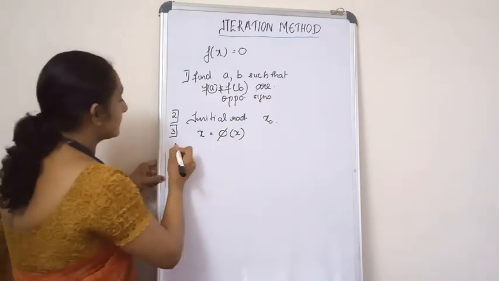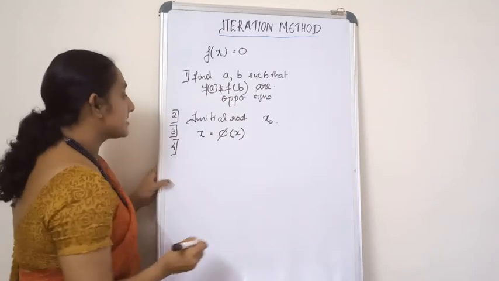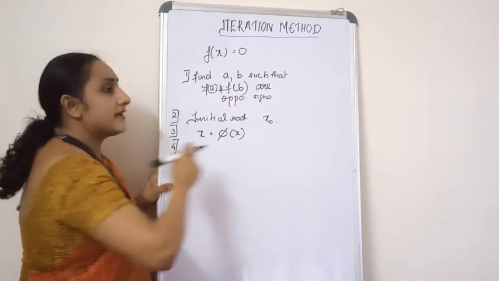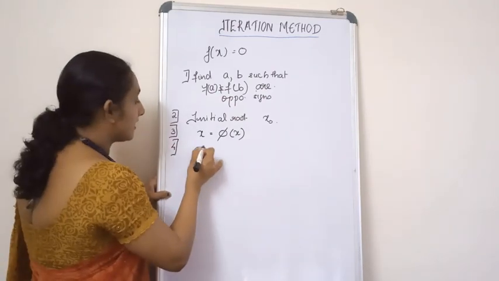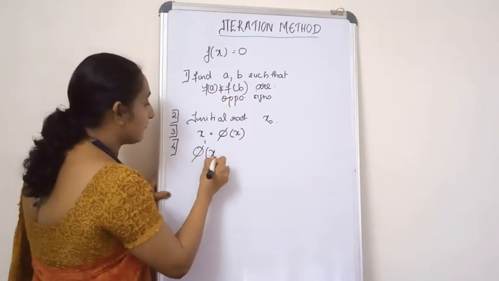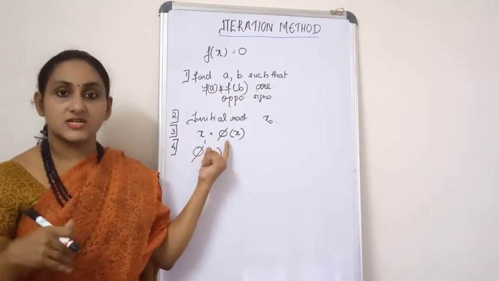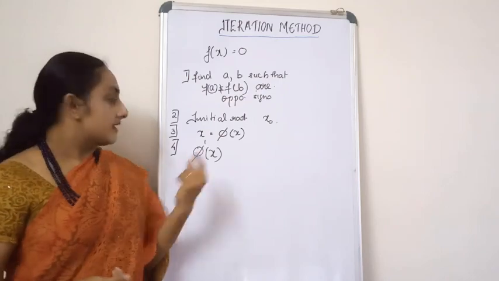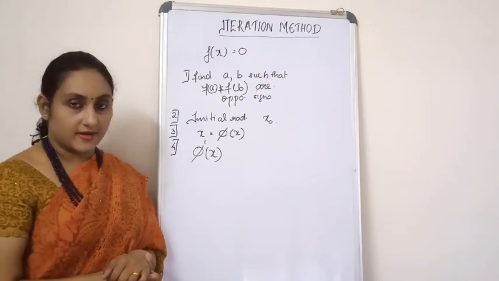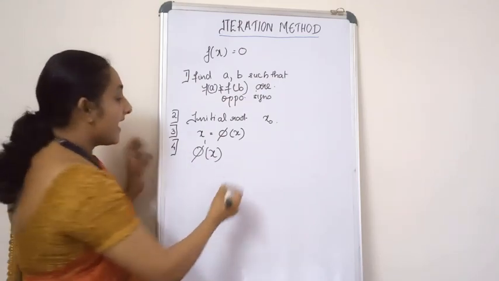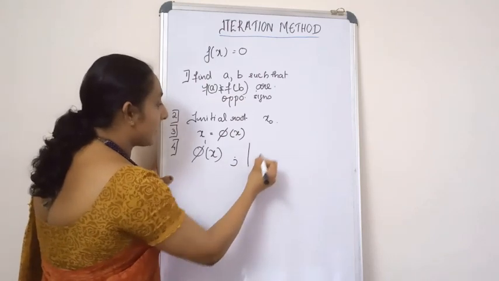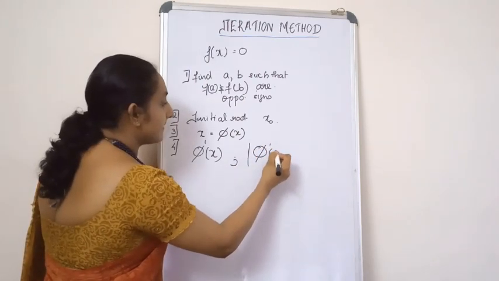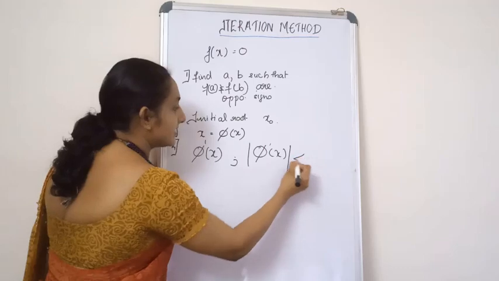Now the fourth point is that as soon as you find phi of x, you have to find phi dash of x. That is, you have to differentiate this phi of x. You will get phi dash of x, and then your phi dash of x should be less than 1.